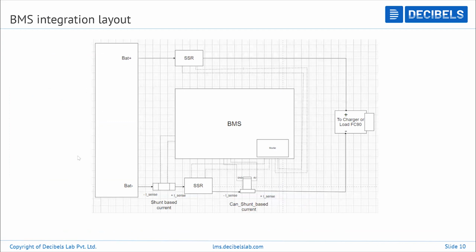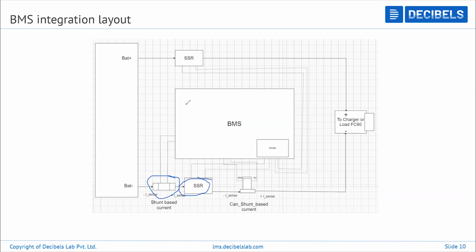So the same thing: the battery, the positive. Right now you can take this SSR as a contactor. You have a current sensor placed at the negative end, and to control over here also.